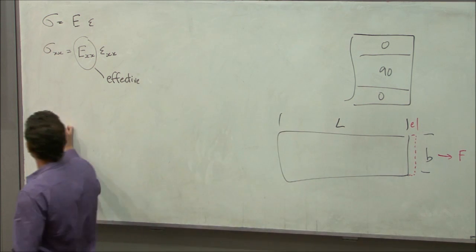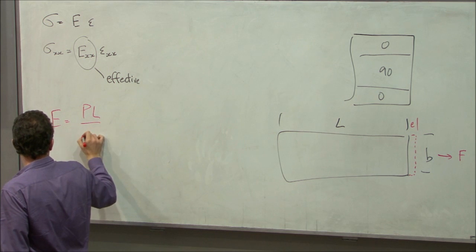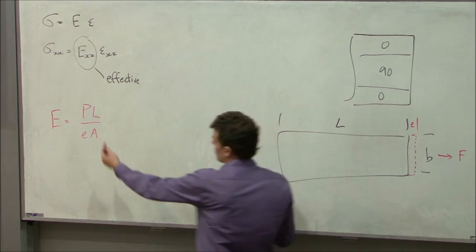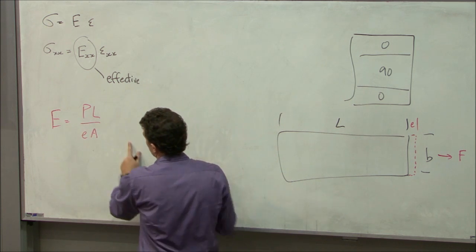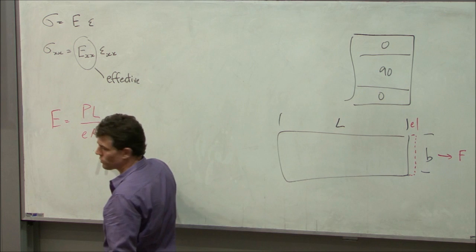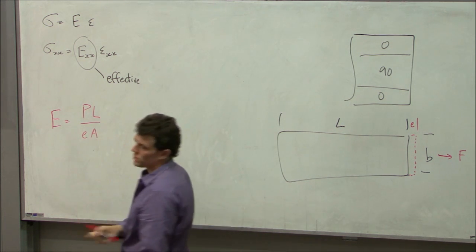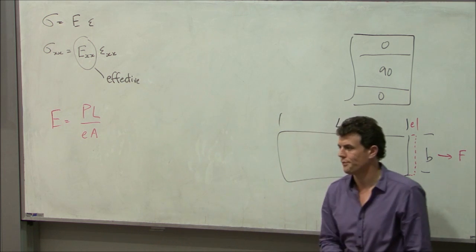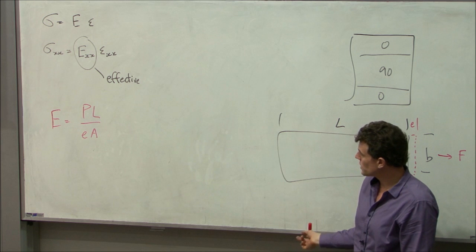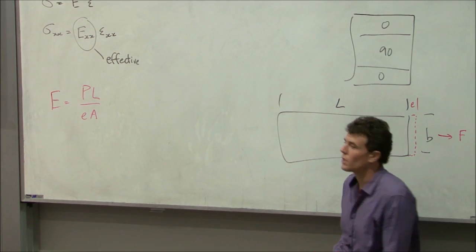Okay, so E is really the force that we apply over the cross-sectional area divided by the extension over the initial length. Okay, so that's just stress over strain. Now we can do the same thing for our laminate, but we just have to be a bit cleverer about what we sub in here.